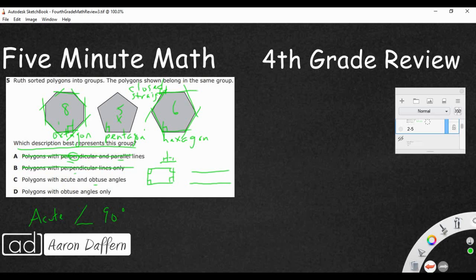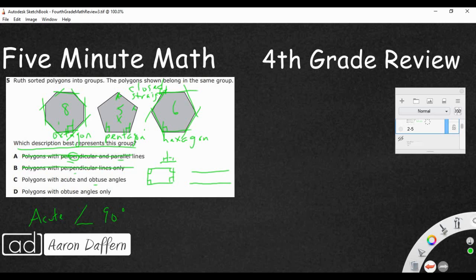These are regular shapes, which means every side length and every angle is exactly the same. You can tell just because of the way that they look, that they're all equidistant, the side lengths are the same and also the angles appear to be the same. So if you were to draw a straight line in any of these angles to try to make a right angle, you couldn't find anything lower than 90 degrees, which means they're all obtuse.